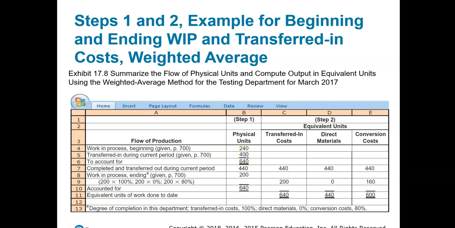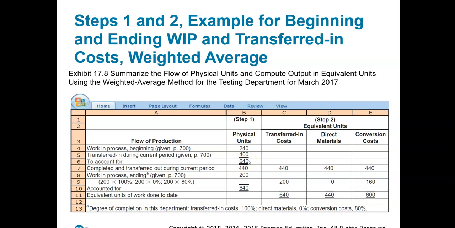Then to that, we're going to add not units started and completed, but we're going to add in to the beginning inventory transferred in during the current period, which was 400 for the testing department. So we had already 240 units in process. At the beginning, they were started but not yet completed. We transferred in 400 units this month from the assembly department. So altogether, we had 640 units to account for.